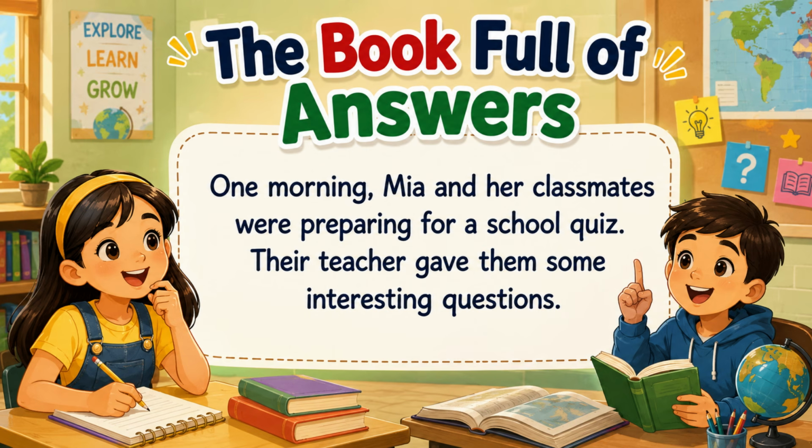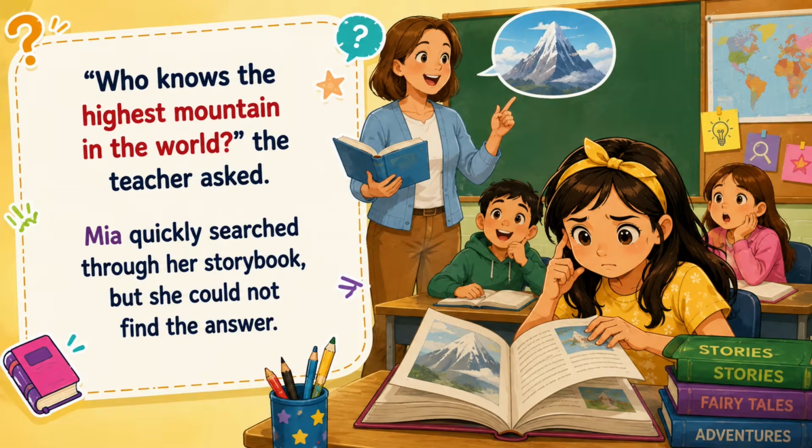One morning, Mia and her classmates were preparing for a school quiz. Their teacher gave them some interesting questions. "Who knows the highest mountain in the world?" the teacher asked. Mia quickly searched through her storybook, but she could not find the answer.